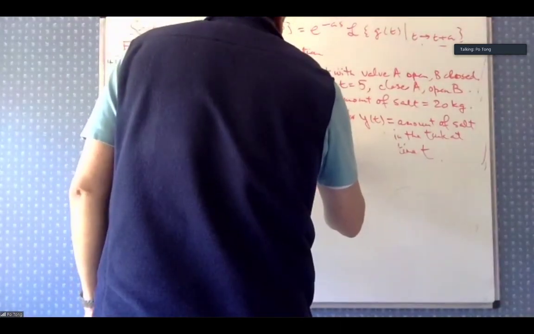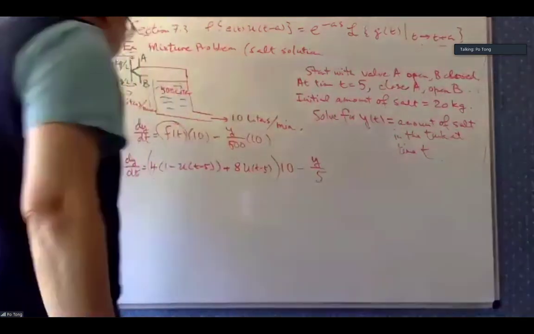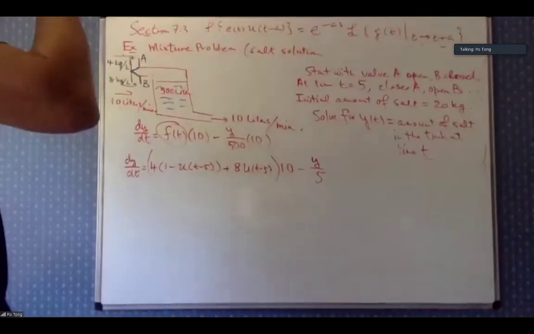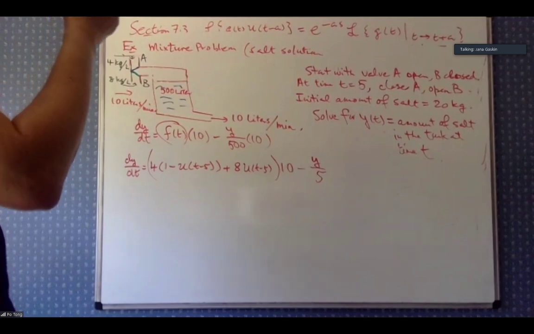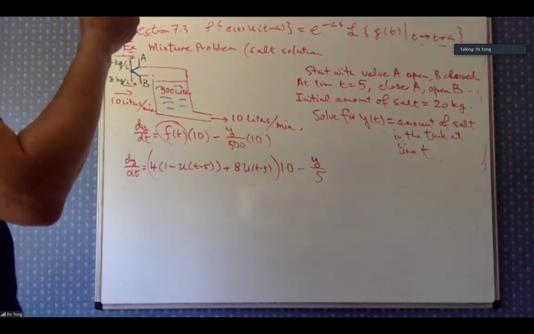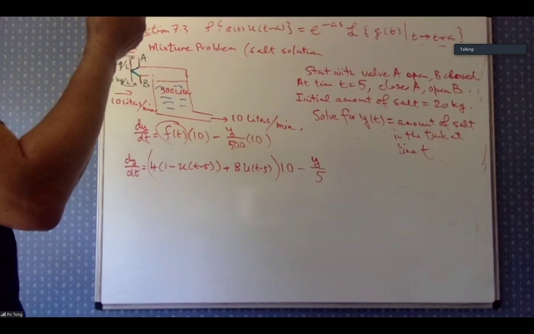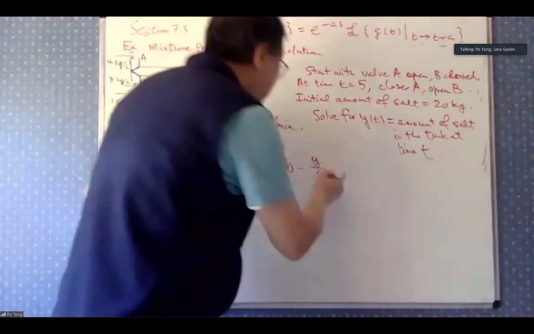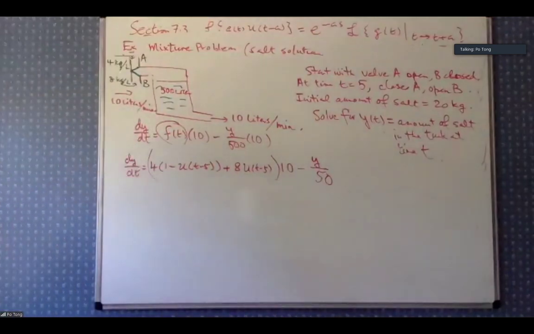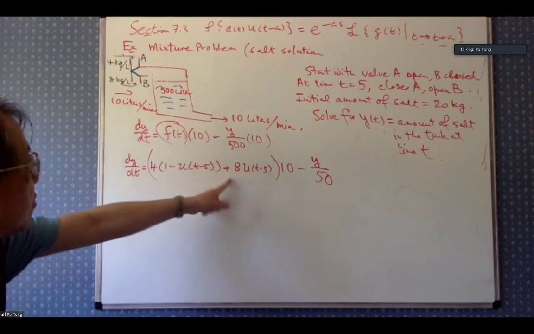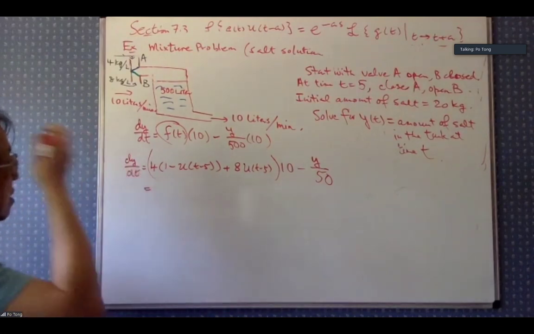Y over 5. Isn't it y over 50, not y over 10? Y over 50, thank you. Y over 50. Okay, I probably want to simplify this a little bit.